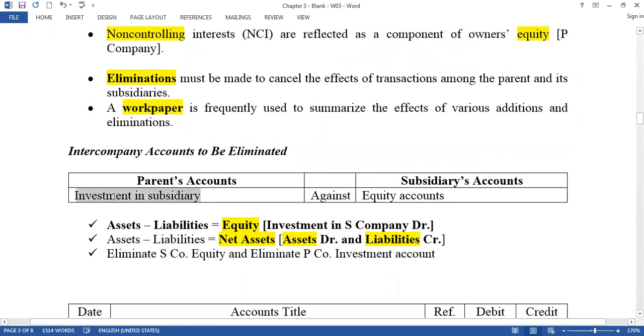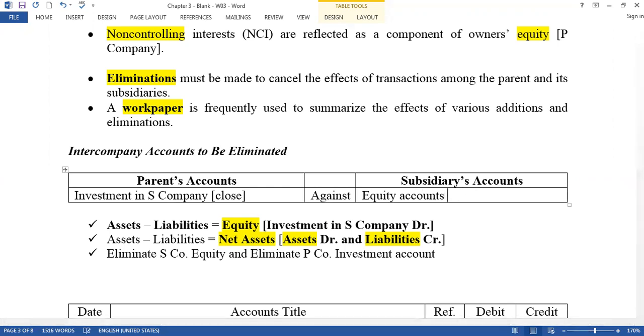So we have to eliminate or close investment in S company, because parent company records investment in S company. We have to close it against the equity accounts of subsidiary company.